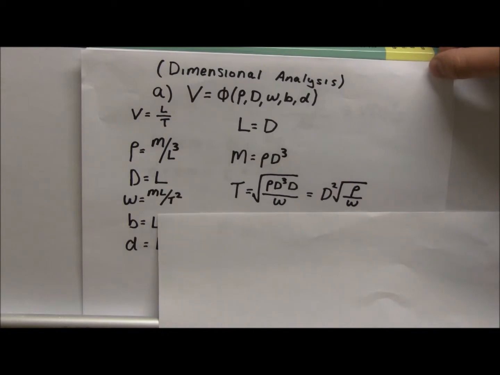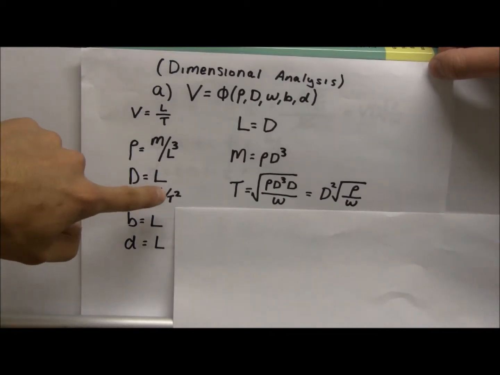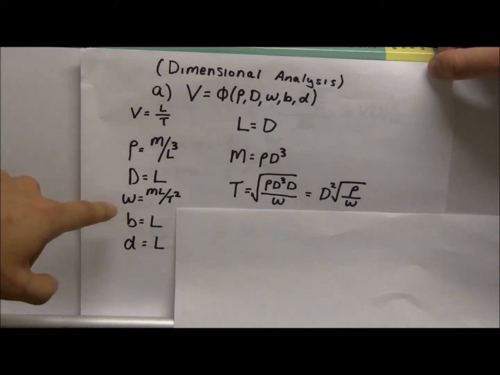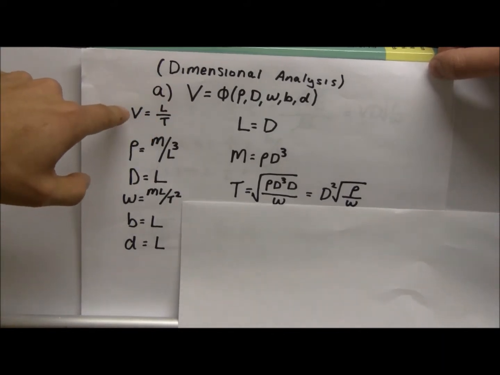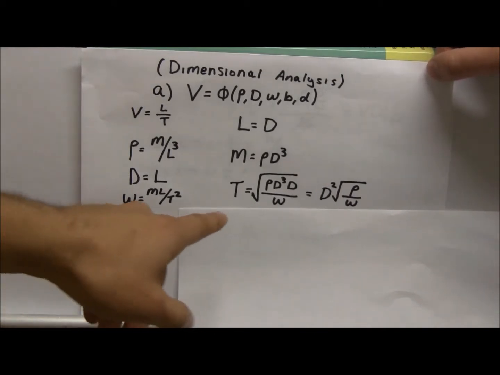And finally, to get a time, we could have either used V or W, the weight, because there's a time in both. But we chose W because we wanted V to be a pi group.